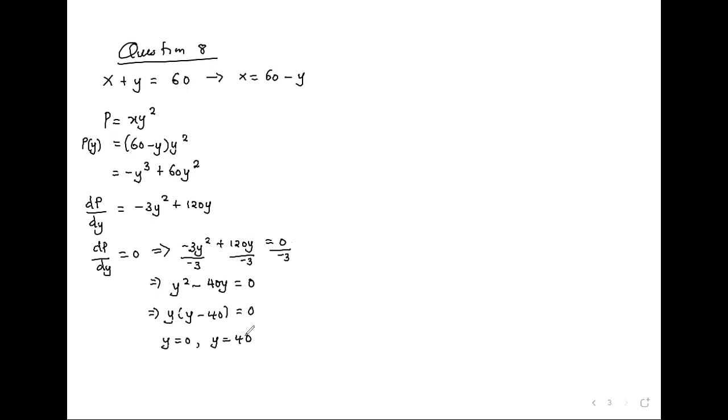Then we go here and say x is equal to 60 minus 0, which is 60, or x is equal to 60 minus 40, which is 20.